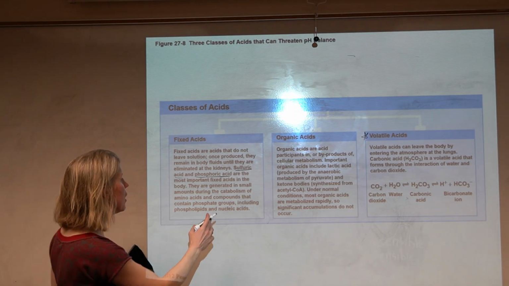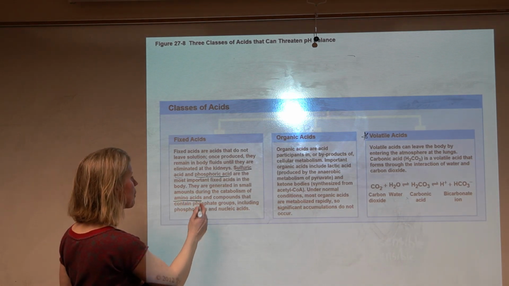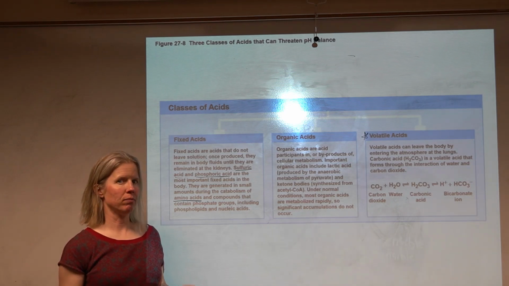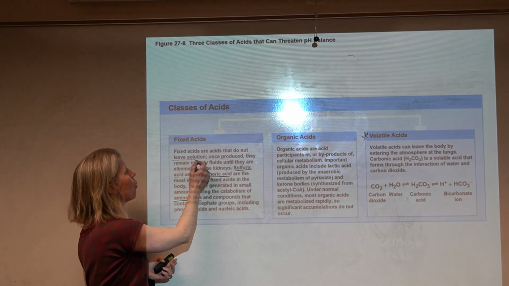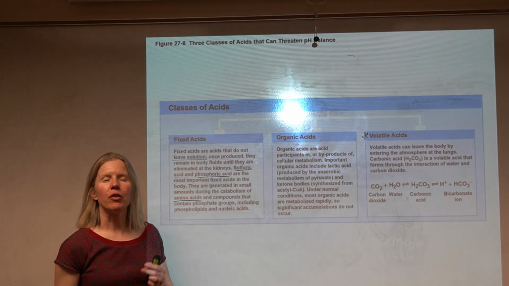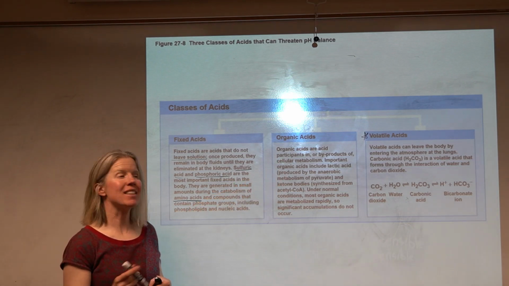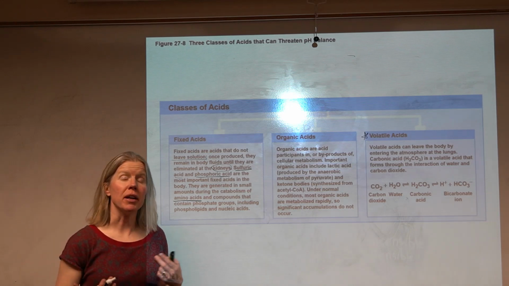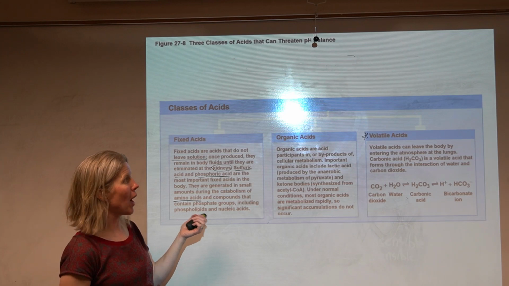They come from trying to break down amino acids, the catabolism of amino acids, but they're pretty minimal involvement, right? So there are fixed acids. What it means is they don't leave solution. And so since they don't become gaseous like a volatile acid, it is the kidney that's going to have to step in and actually remove those from the body, right? But you don't really see those getting out of whack.